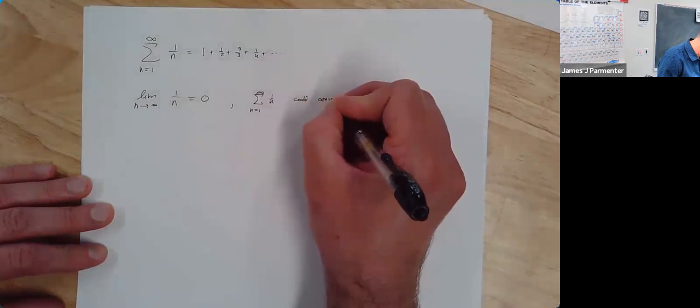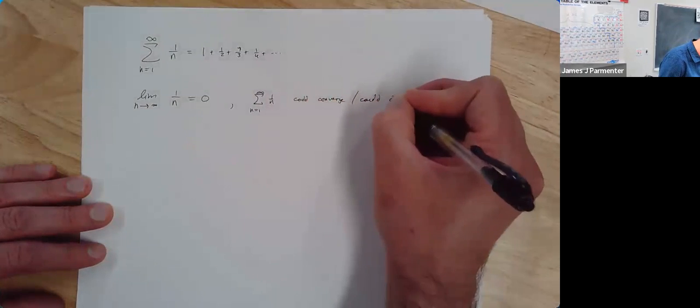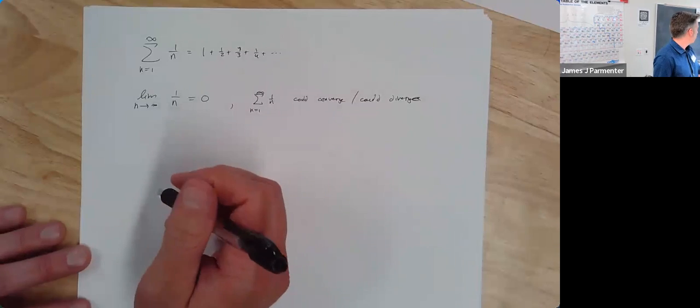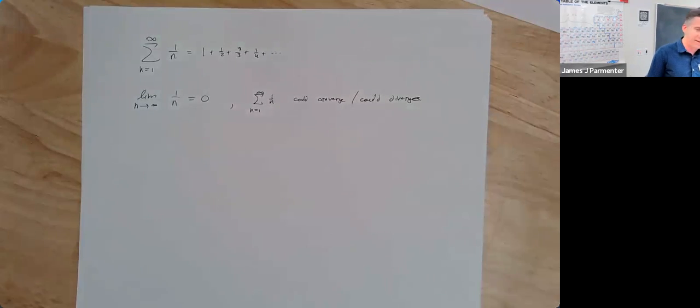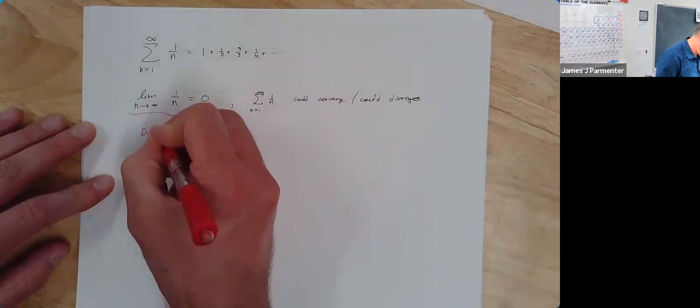Basically, when you see this sort of thing, what it really means is you have to do more work. That's what that really means. So when the limit of the sequence is 0, that means we have to do more.